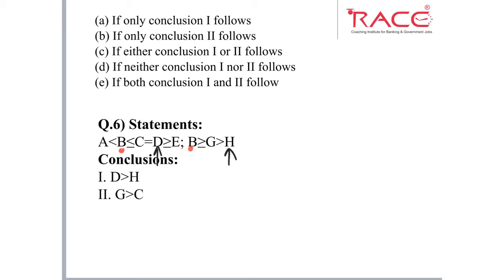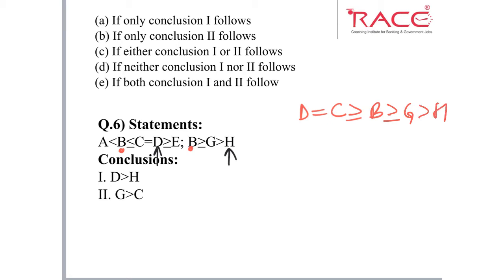And how do we write this statement? D equal to C. Then here B is less than equal to C, it becomes C is greater than equal to B. So C greater than equal to B. Now B is here, and till H we will write it as it is. So B greater than equal to G greater than H.